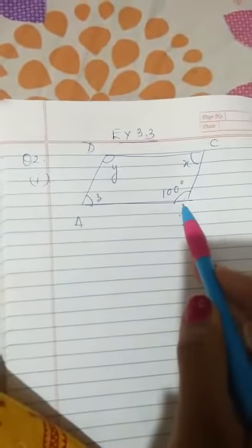One of the vertex angles is given to be 100 degrees. This is x, this is y and this is z. So in this parallelogram one of the angles is known and the other 3 angles are not known. We have to find them using the properties.